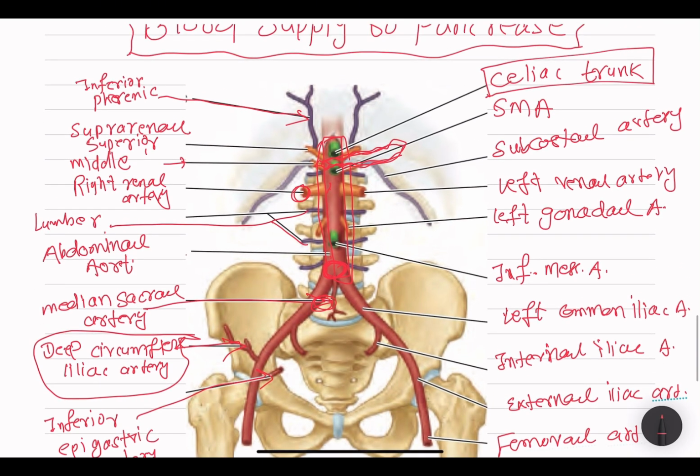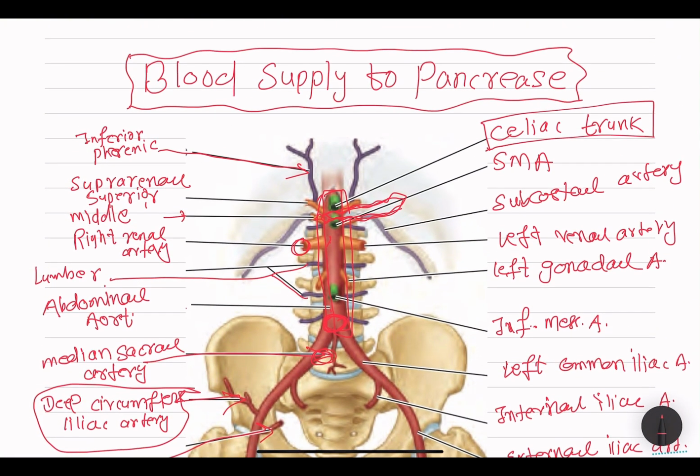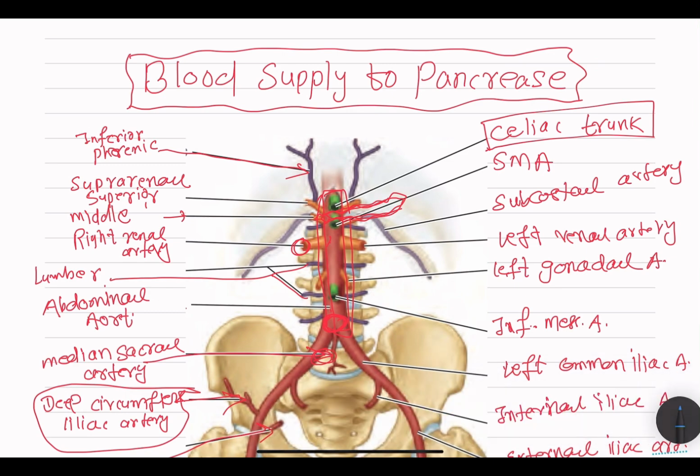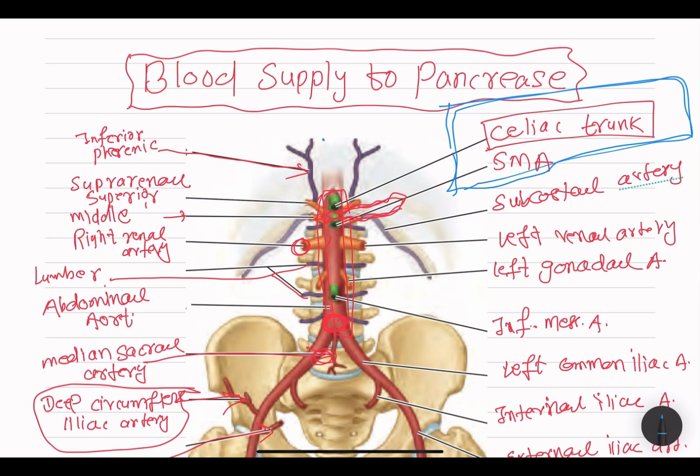The reason why I drew this picture and the labels is that our main focus will be here, this part. First we know this artery mainly comes from the aorta.